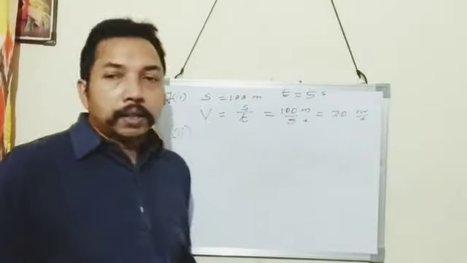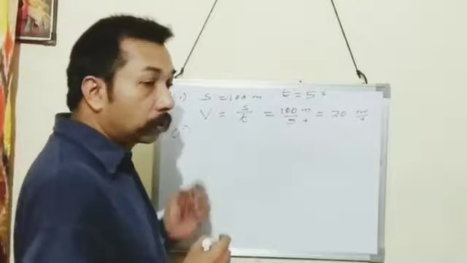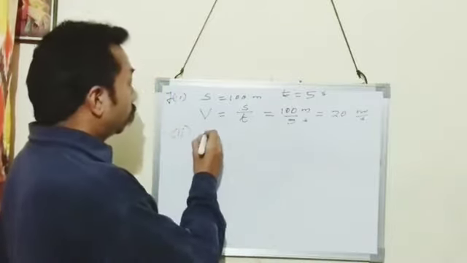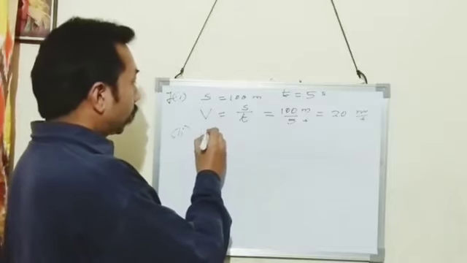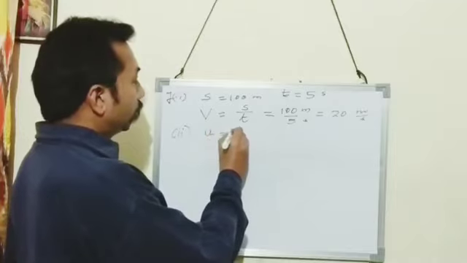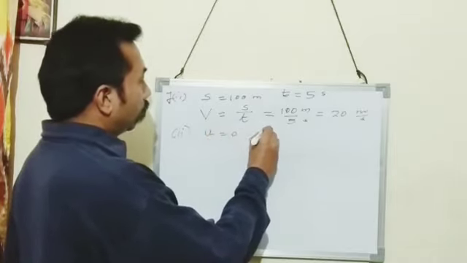What is the acceleration produced? The acceleration produced in 10 seconds. So force acts for 10 seconds on a stationary body, so initial velocity is 0, then final velocity we found.